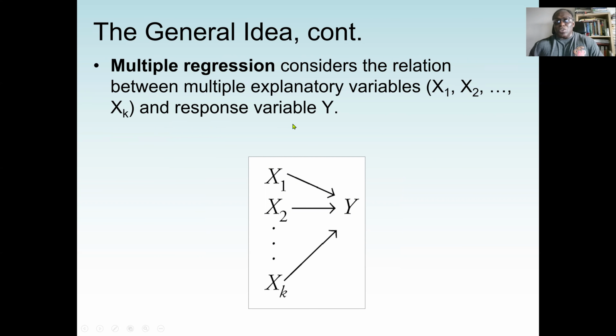And the response variable, which is our dependent variable, is Y. So in multiple regression, we have independent variables X1, X2 up to Xk, and they are going to determine Y. For example, smoking, bad nutrition, and less exercise can cause lung cancer.